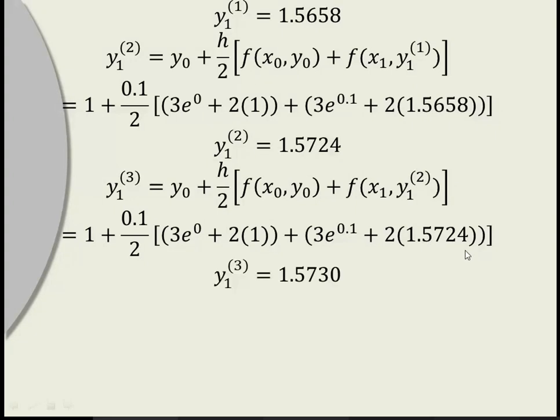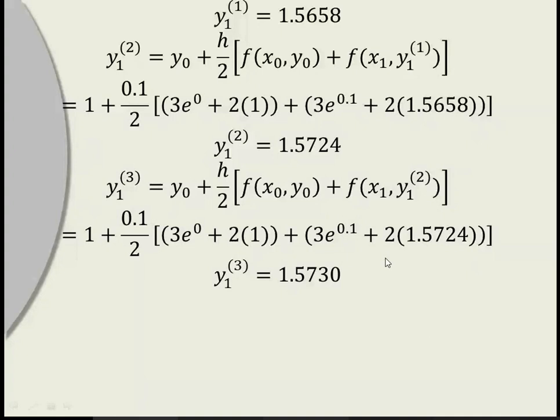So the third iteration of y1 is 1.5730. These two are matching up to 2 digits. So if it is asked in the exam to get the answer matching up to 2 digits, then this is the answer. If you want some more terms to match, you can do further iteration.